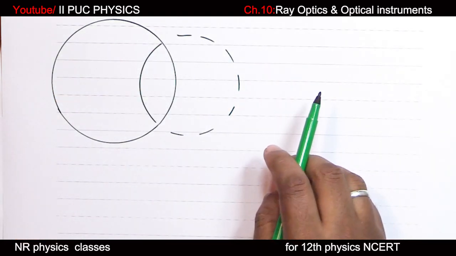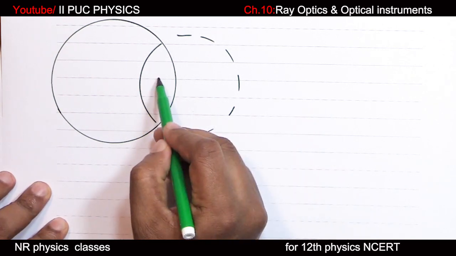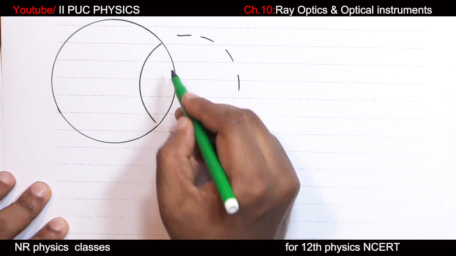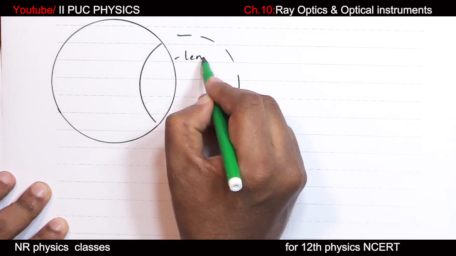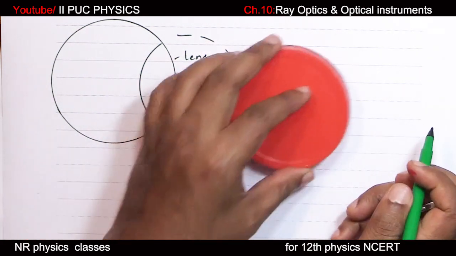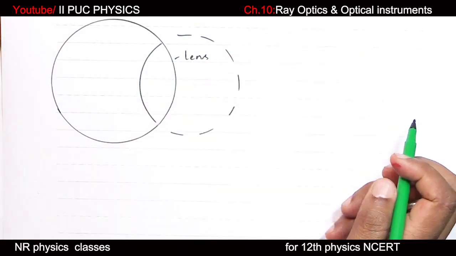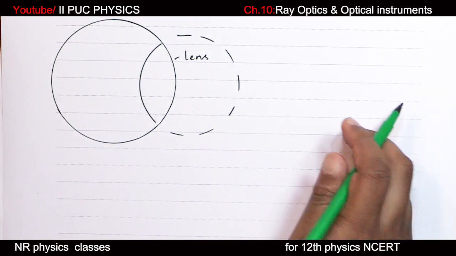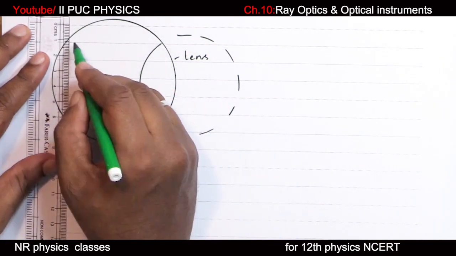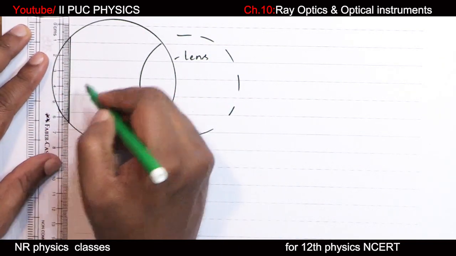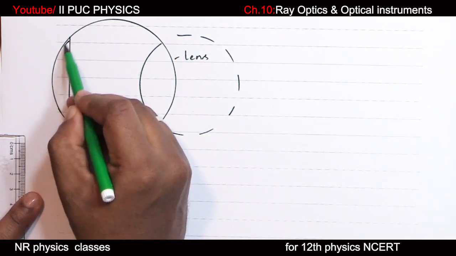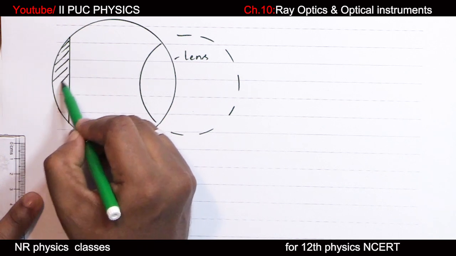Now observe, this region is bounded by two spherical surfaces. So this is a lens, or if this is a spherical surface, this is a plane surface, then this is a lens. This shaded region is a lens.